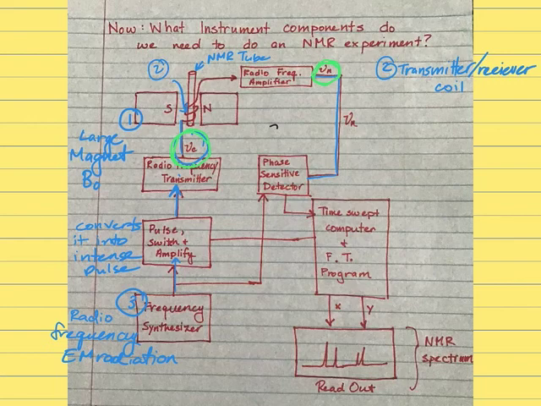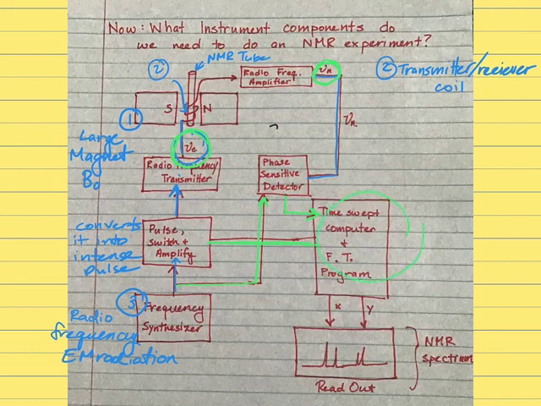And you can also see that the phase-sensitive detector is coupled with the synthesizer and the pulse generator, and it all goes to a computer here. So we need to have all of that connected so that it knows when the pulse is generated and when to start collecting the signal.